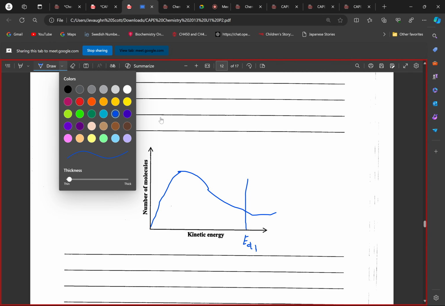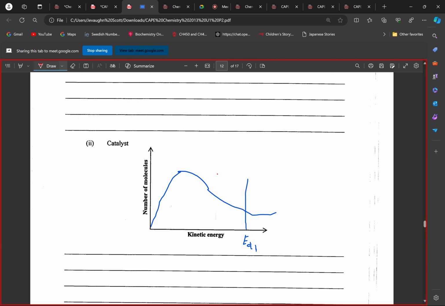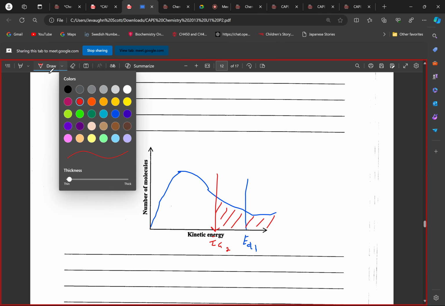So it helps with that. It decreases the activation energy of the system. So here, let's use EA2. So at EA2, all of these molecules will have sufficient energy, which would be way more than if it would just be here.